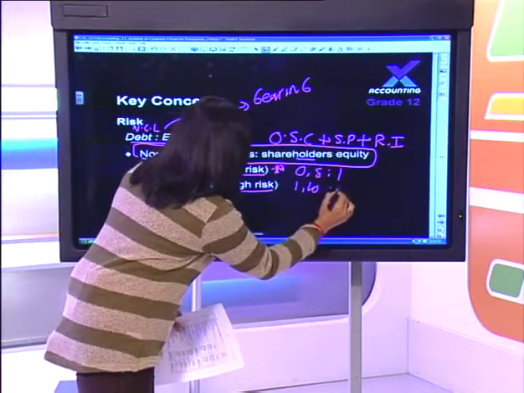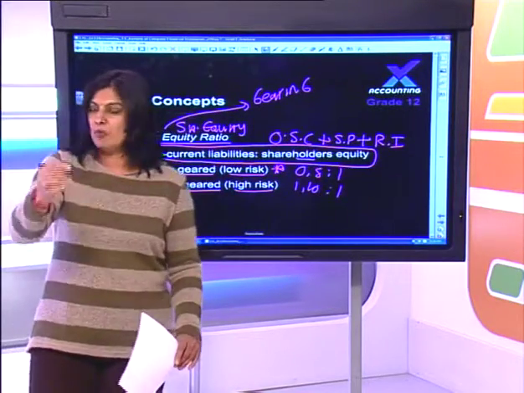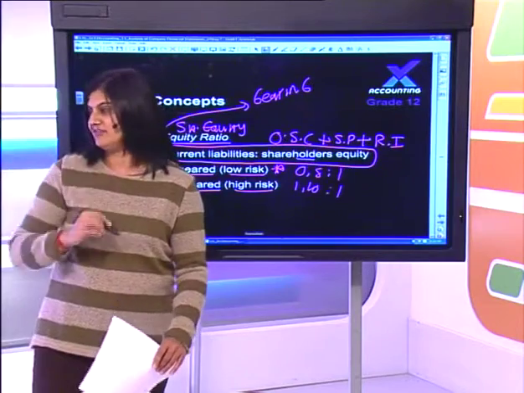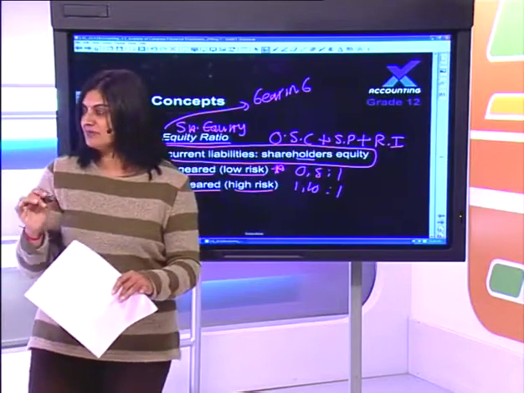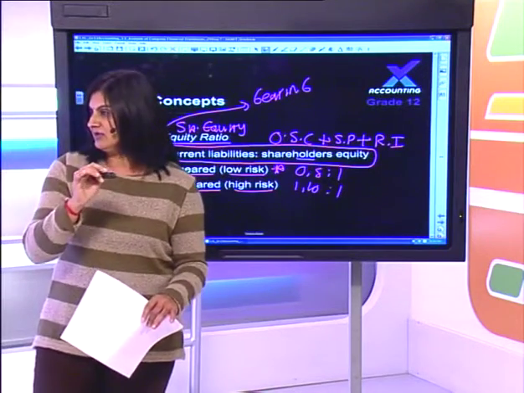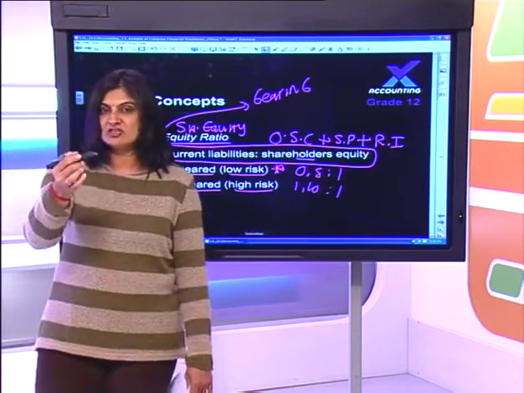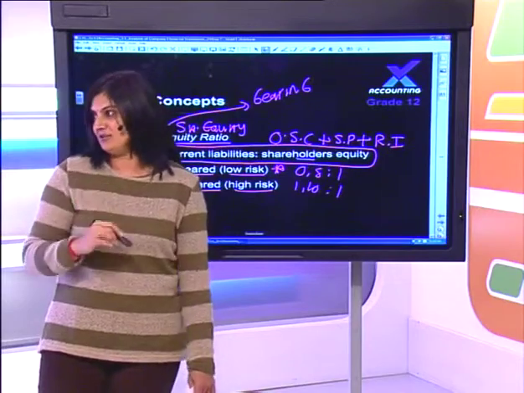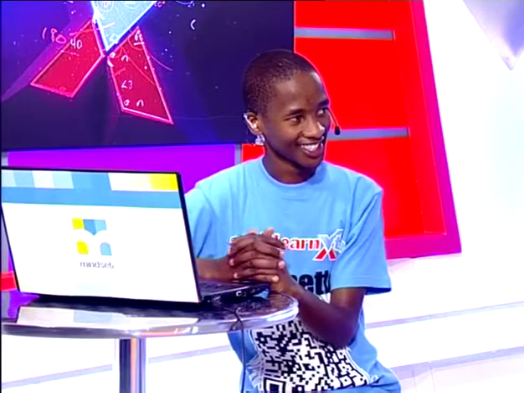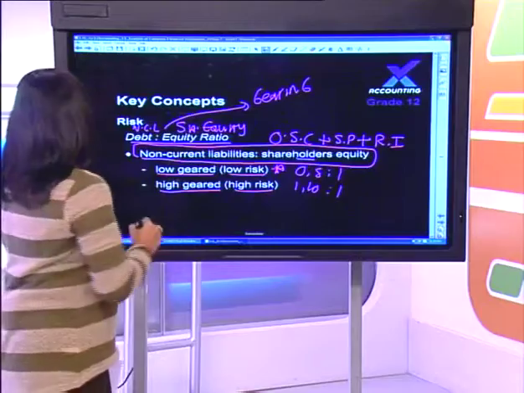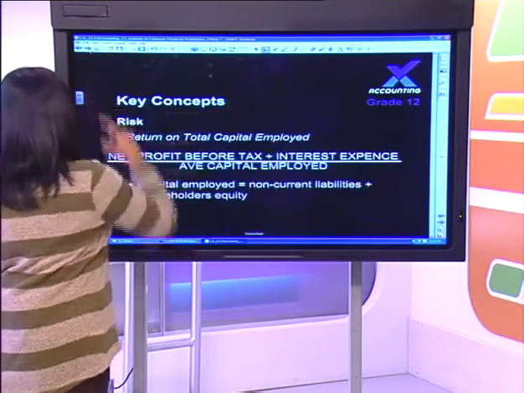If it's more than 1:1, let's say, for example, my own capital is 1 rand compared to my borrowed capital, which is 1 rand 10 cents. But this gets a bit tricky, because sometimes, even though you may be low geared, by taking out an additional loan, you can become high geared. And that's what the question often tests. Okay, right, let's move on.